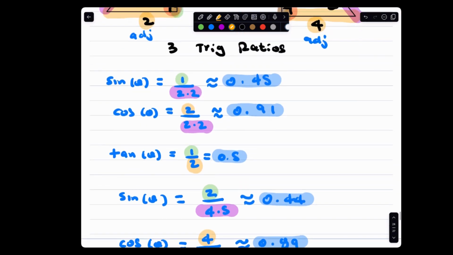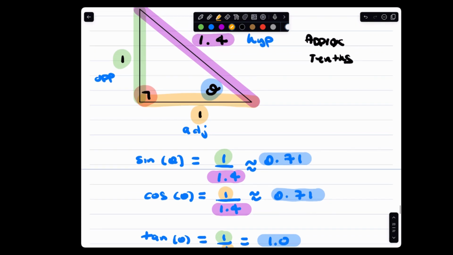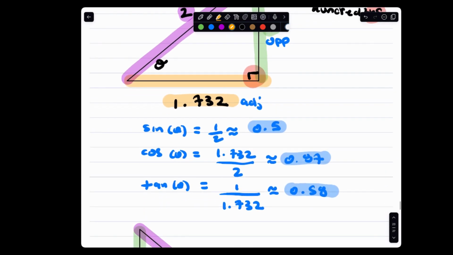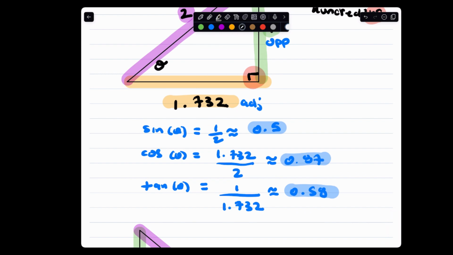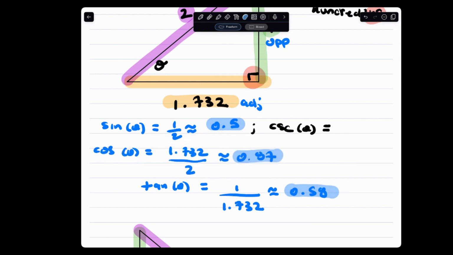So if I go back to the original now, let's look at this example that we have earlier. I can tell you now, what's the reciprocal of sine again? It is cosecant. What's the reciprocal of cosine?